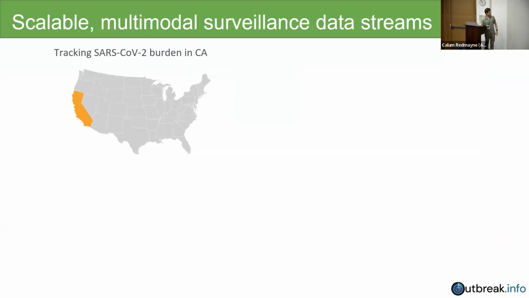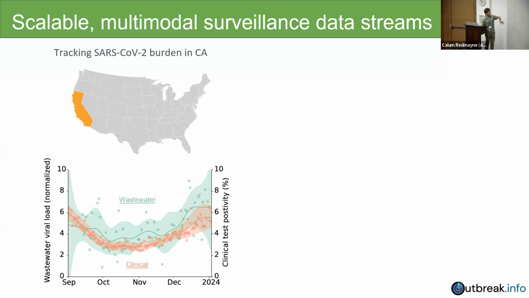As an example of what this looks like, I'll show California, where our research institute is based, using both data that our lab has generated as well as data from lots of other data generators across California, many of which are associated with the CDC's National Wastewater Surveillance System.